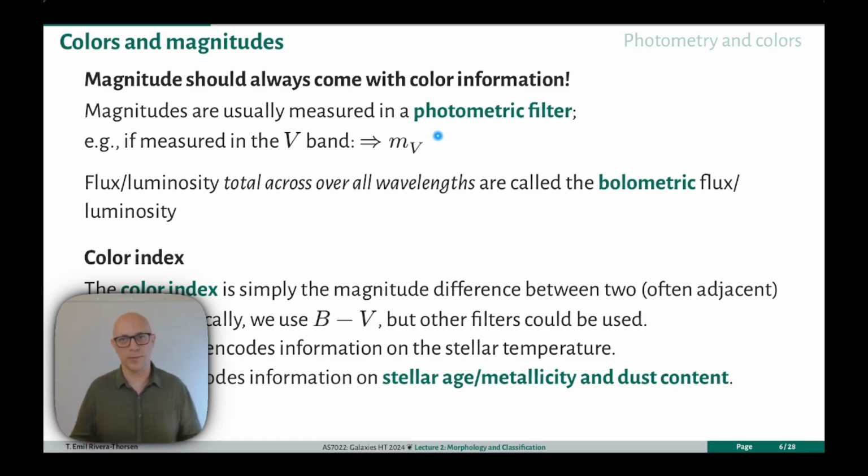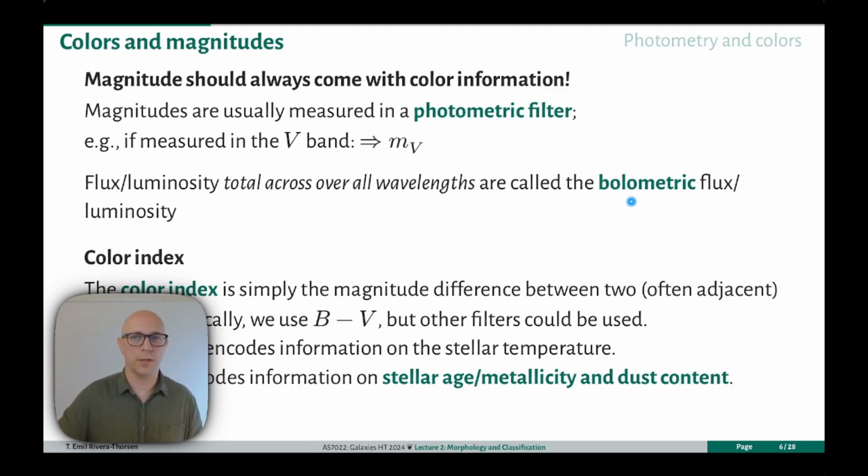There is sometimes a case for reporting the flux or a magnitude or the luminosity of an object in a grand total across the entire range of all wavelengths. Because remember that even though the wavelength range might be more or less infinite, the total energy that comes out of an object is not. So you can give some kind of quite accurate assessment of the total output of an object, and we call this the bolometric flux or the bolometric luminosity.